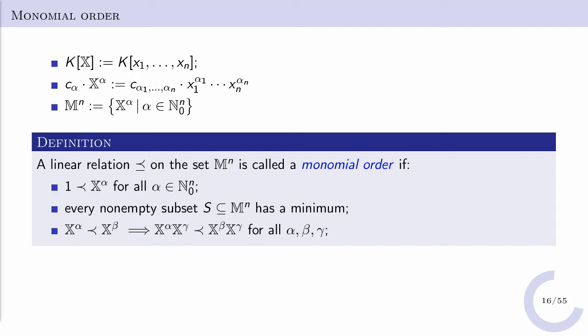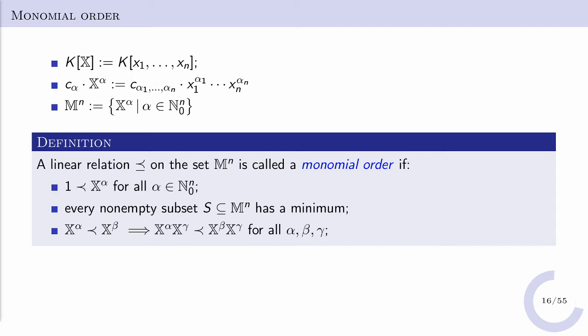Secondly, if we select any non-empty subset of monomials, then this subset must have a minimum element. And the third property says that this relation is compatible with multiplication. So if x alpha is related to x beta, then if we multiply both sides by some x gamma, the relation will be preserved. Such a relation is called a monomial order.